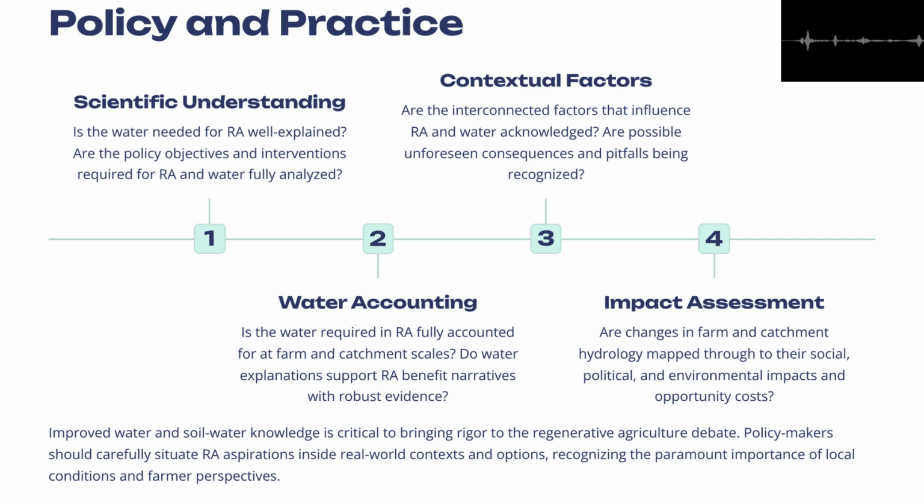Okay, so we've taken a real deep dive today into this complex, interconnected world of regenerative agriculture and water. We've looked at the exciting promises, but also flagged some pretty significant potential pitfalls. What are the main takeaways for you, summing up? Well, first and foremost, it's undeniably clear that water plays this fundamental, really multifaceted role in RA.